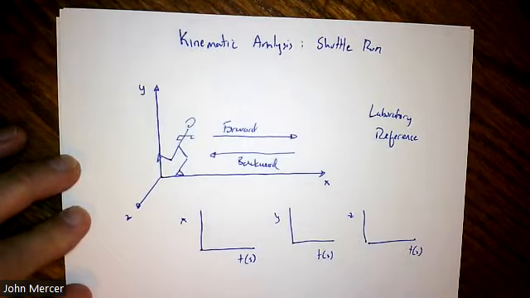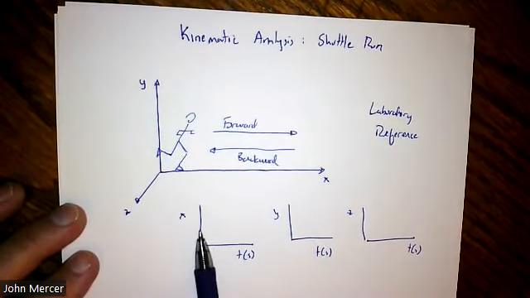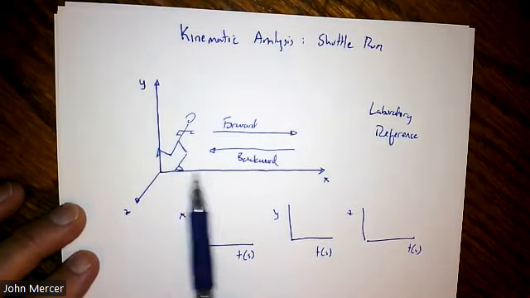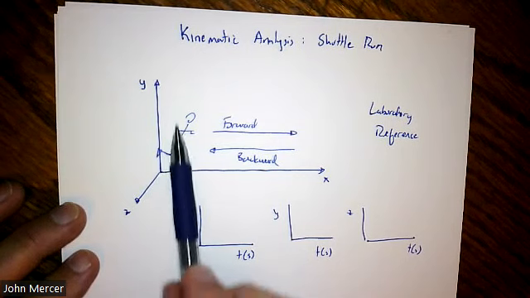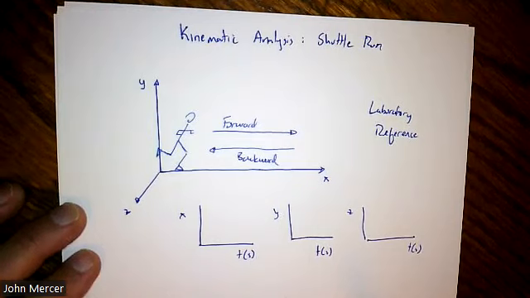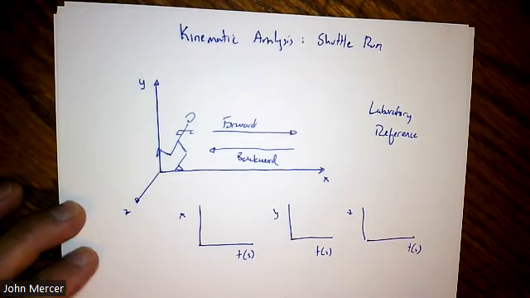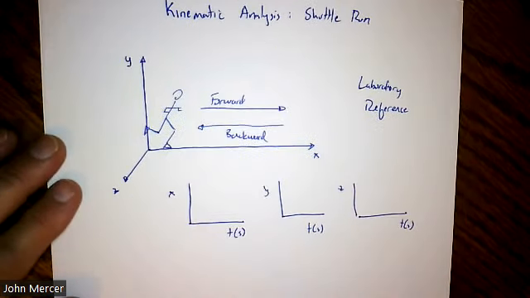And each of these are interesting in their own right. So we may be interested only in the horizontal movement. We may be interested only in the vertical movement of the person moving up and down while running, or we may be interested in any side to side movement that's happening over time. So we pick one dimension and then we dive deeper into that dimension. And then ultimately we put those three dimensions together to try to understand the movement in total.